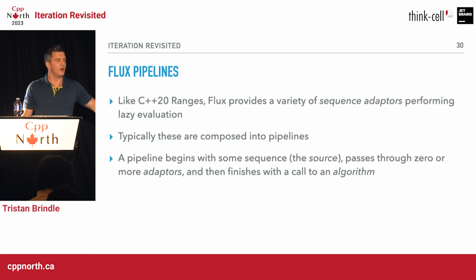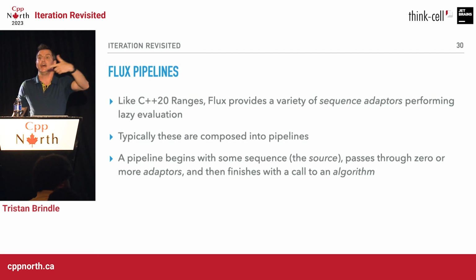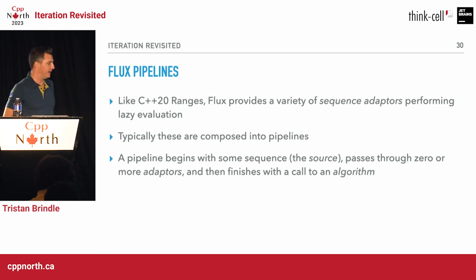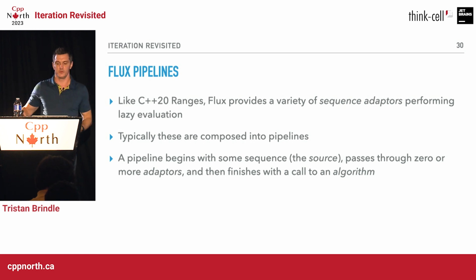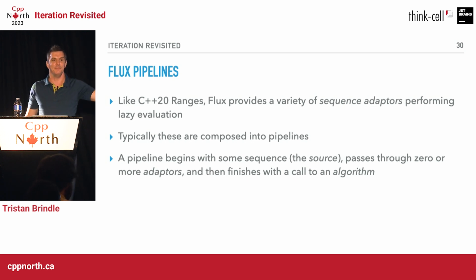So this algorithm might be one of the named algorithms in Flux that you've just seen. It might be an algorithm that you yourself as a user have written. It might be a standard library algorithm, as we'll see shortly. It might just be a for loop, right? Because, and I got in trouble last time I said this, but I'm going to say it again, Tristan's law: every for loop in your program is an ad hoc, unnamed, unspecified algorithm on some sequence, right?